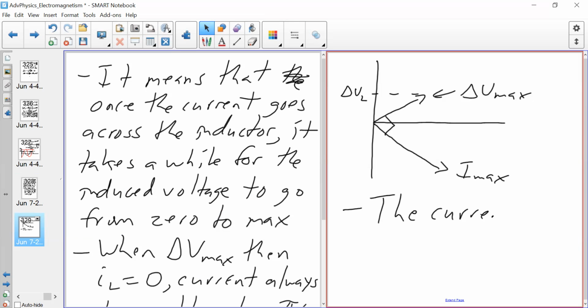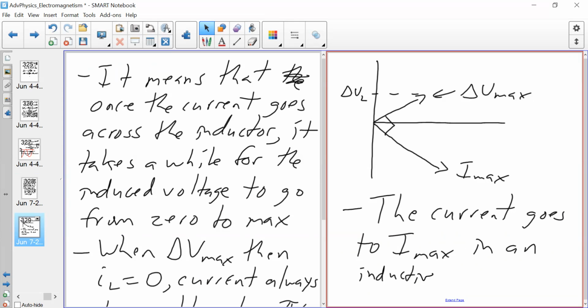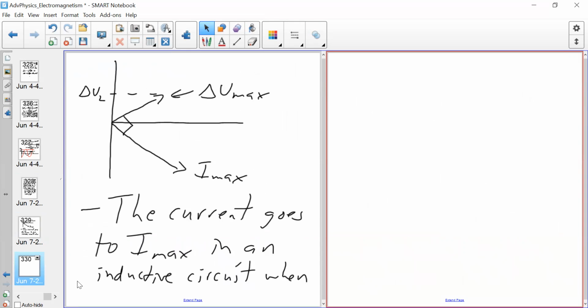So the current itself goes to maximum current, rather, it goes to Imax in an inductive circuit when cosine omega t is plus minus 1.